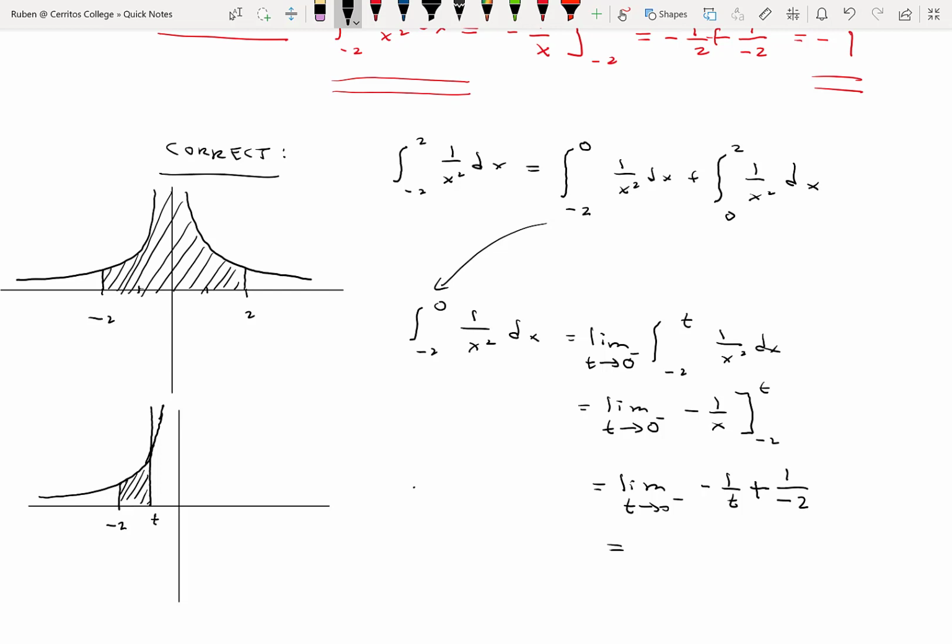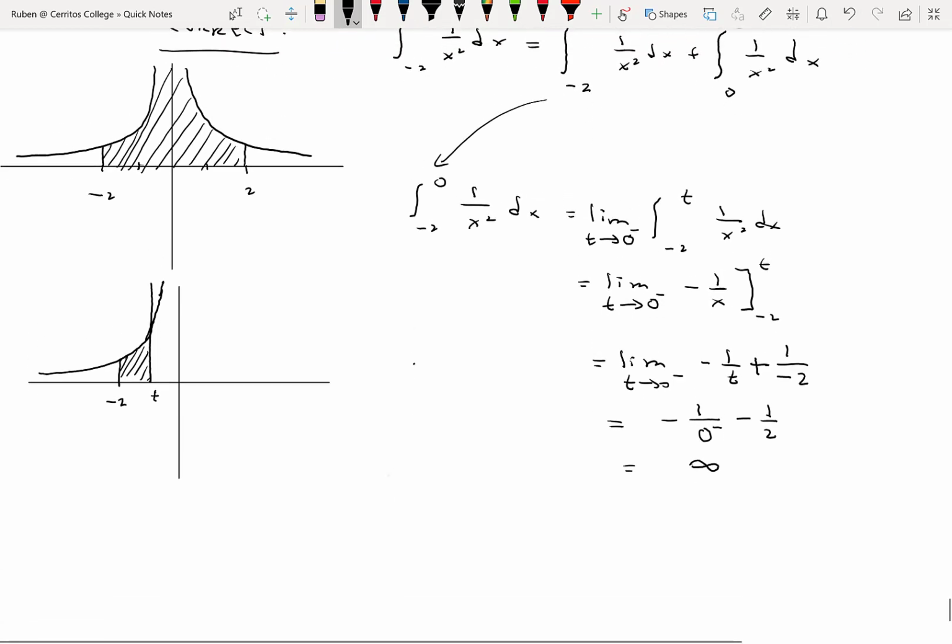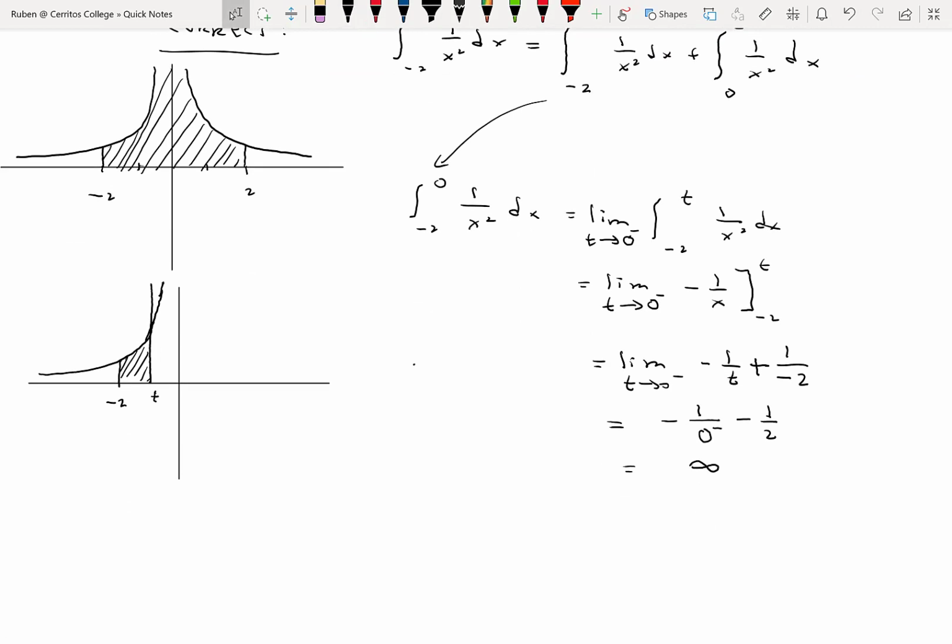So we're looking at -1 over a small negative number minus 1/2. So this is infinity minus 1/2, which is infinity. So the integral that we just evaluated diverges.